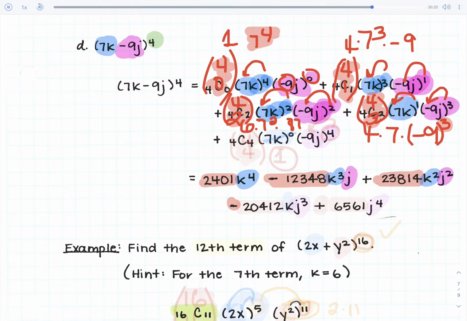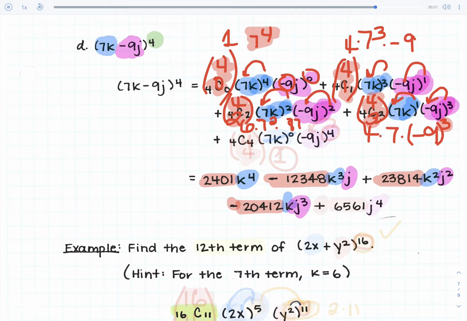Let's see what we get. So when I multiply those three negative 9s, a 7, and a 4, I get negative 20,412. Notice in this piece, though, I've got just one k, a k to the first power. But I've worked my way up with my j's, so I've got a j cubed, or a j to the third power.